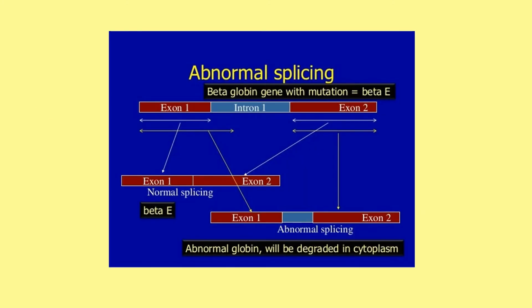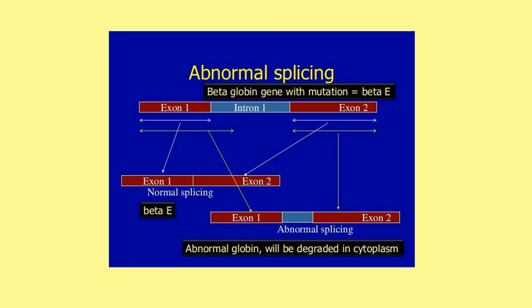So here you can see what is happening within thalassemia. So within thalassemia, in our abnormal splicing, intron 1 is not removed fully. With normal splicing, intron 1 is removed, and exon 1 and exon 2 are spliced together to produce our beta globin protein.